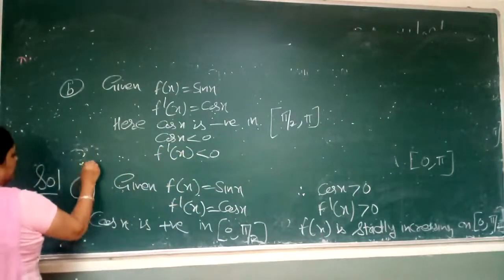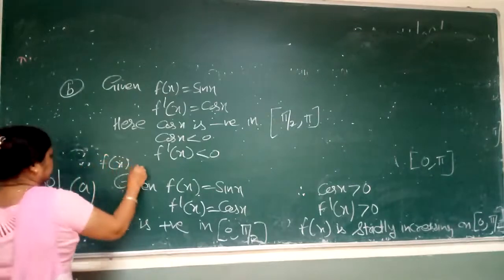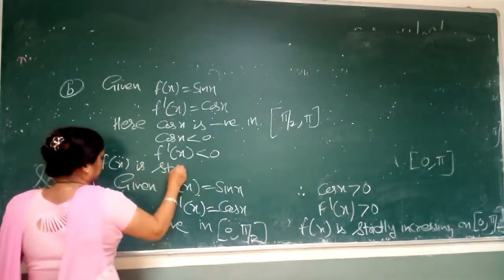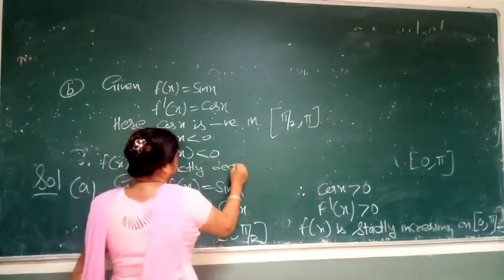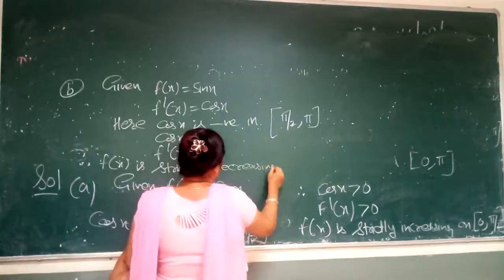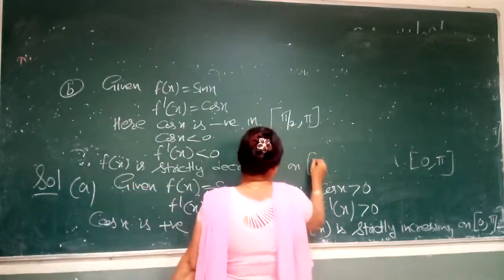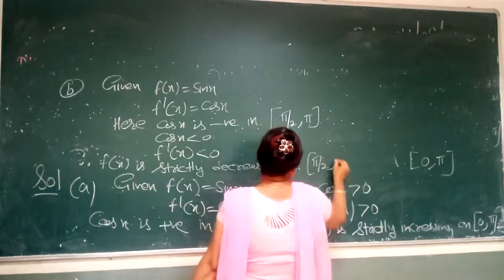Therefore, f of x is strictly decreasing on the closed interval pi by 2 to pi.